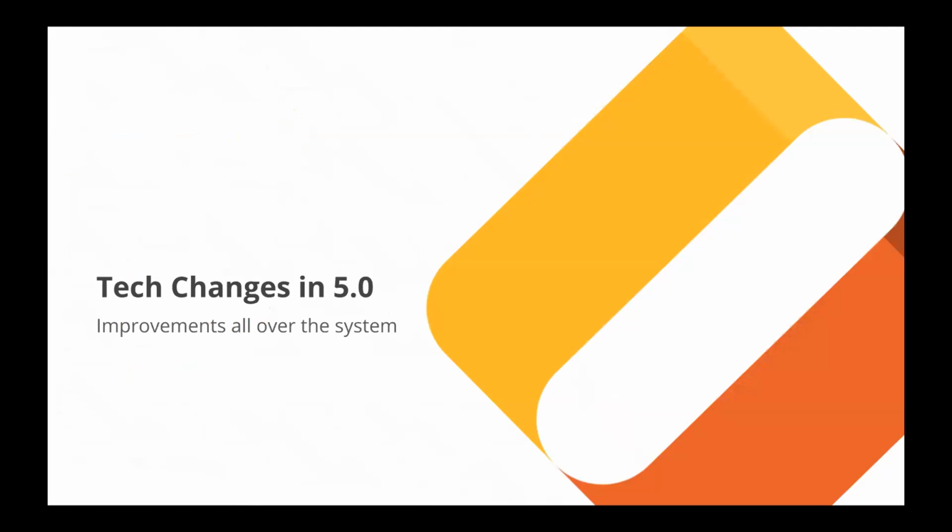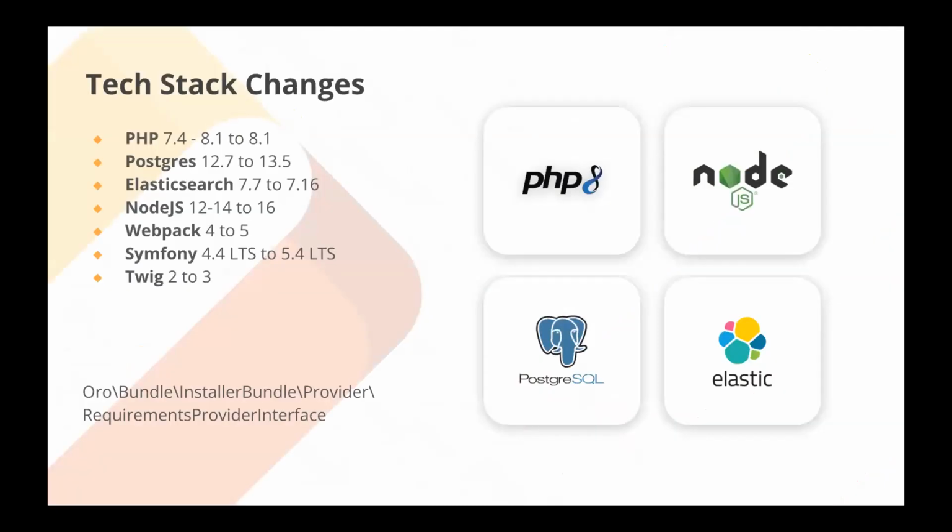And we had improvements all over the system because we wanted to make the system better for you developers first, and also we upgraded the stack to have longer support. So first we upgraded the PHP version, so now the minimum PHP version is 8.1.